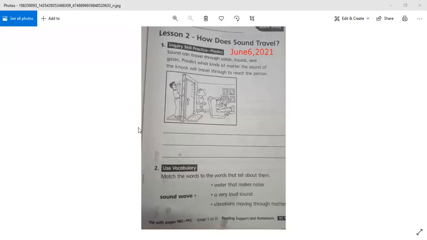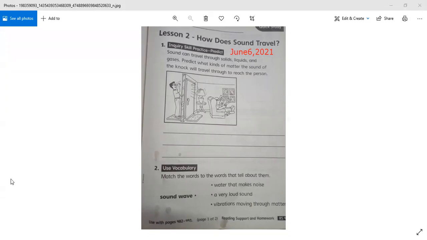Number 1 is telling you that sound can travel through solids, liquids, and gases. Predict what kinds of matter the sound of the knock will travel through to reach the person.